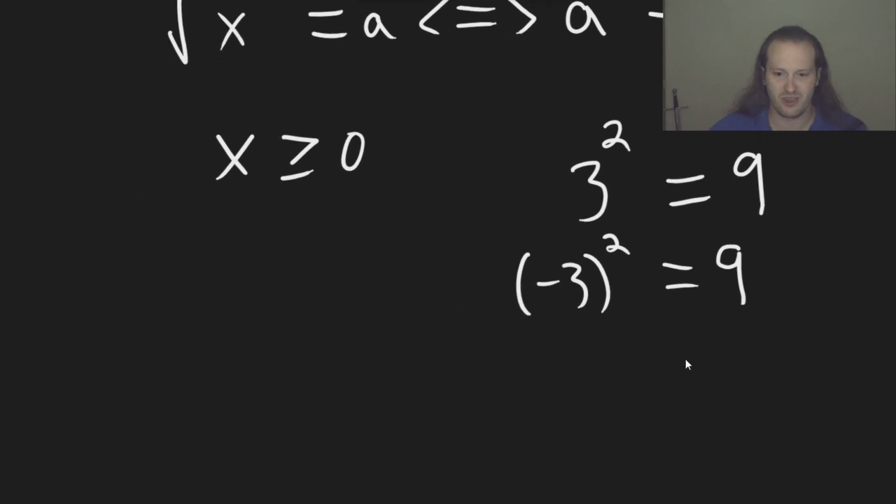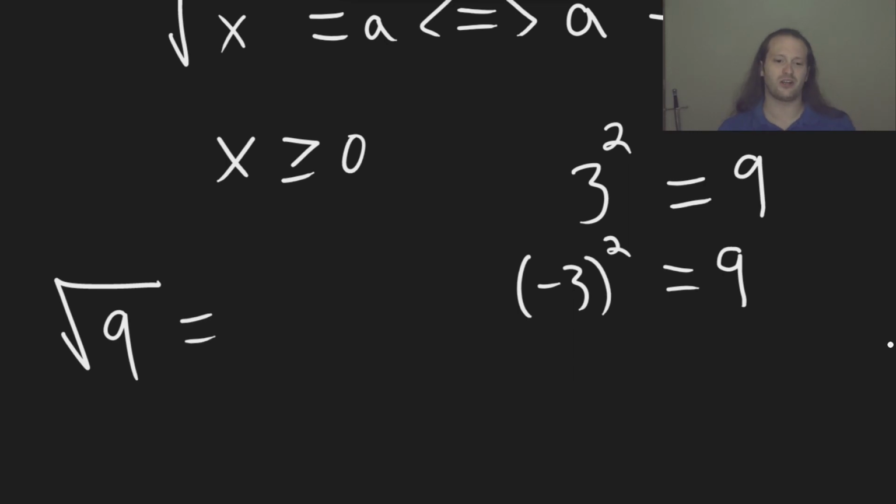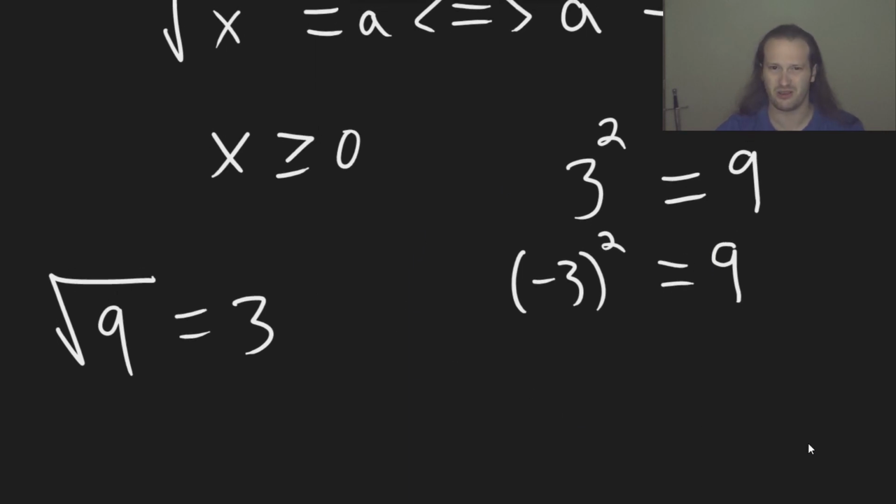Along the same vein, say I did want to do the square root of 9. I want to find out what number squared equals 9. Well, 3 is an answer, but thinking about it for a little bit, wouldn't negative 3 also be an answer?